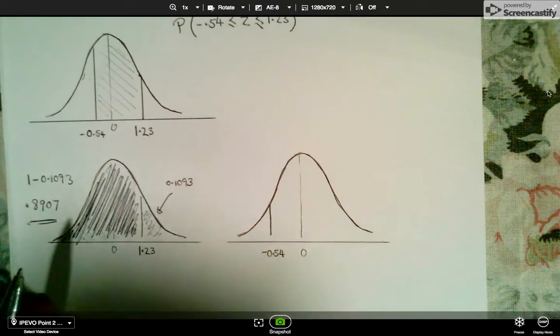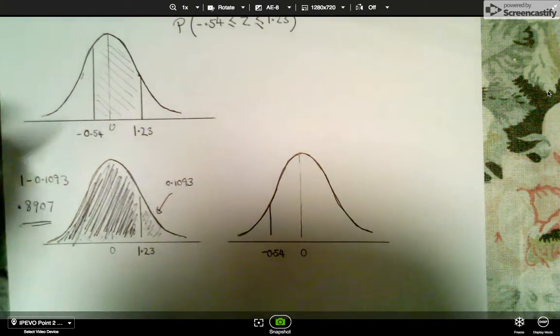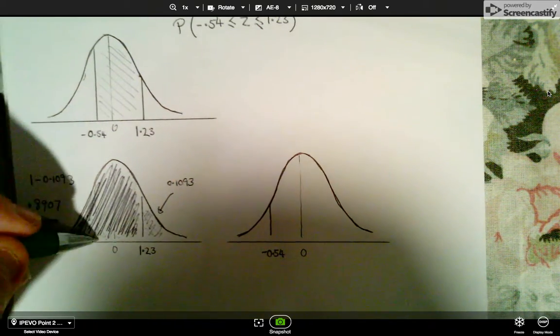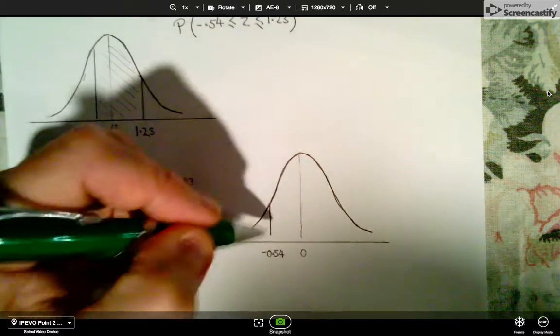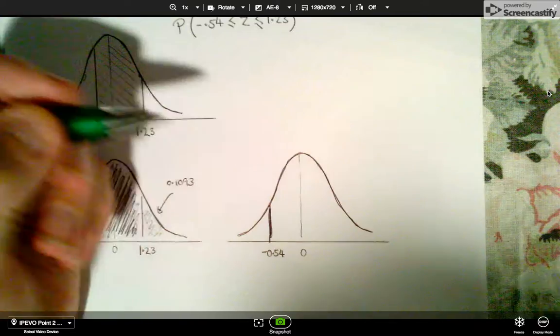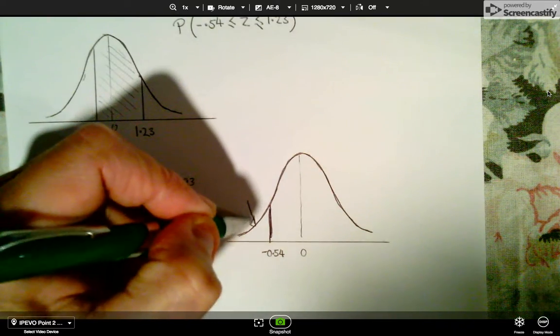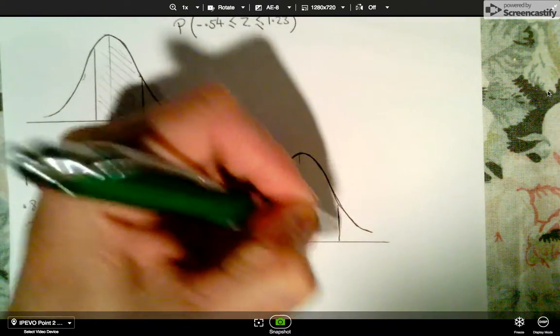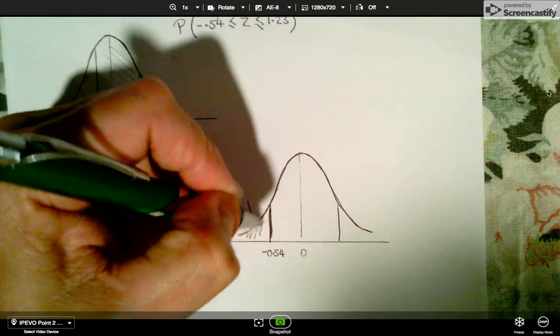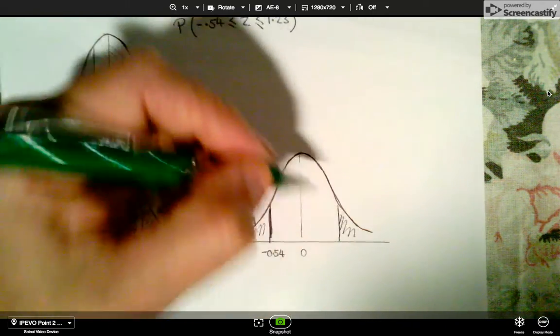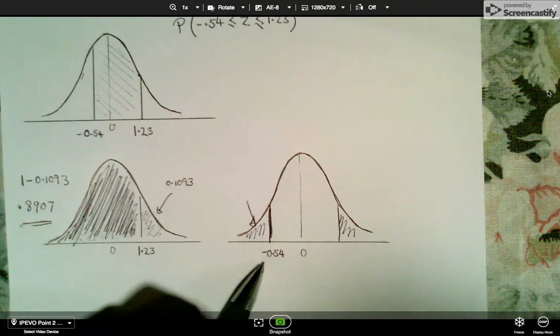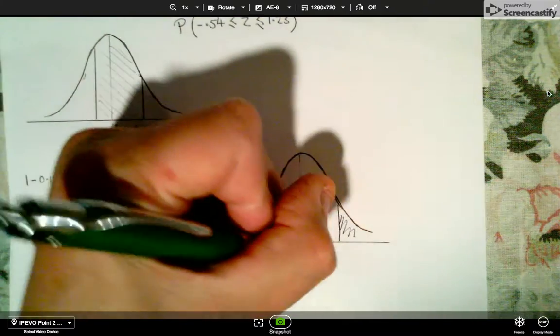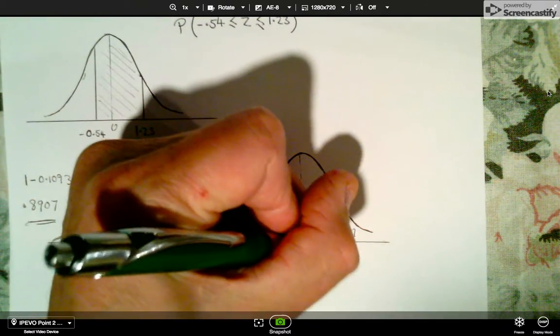So the next thing we want to do is find this little part here and get rid of it, take it away. So how do we find this part? Again, the table doesn't give us negatives, but we know this part is equal to this part. So instead of looking at minus 0.54, we're going to look at positive 0.54.